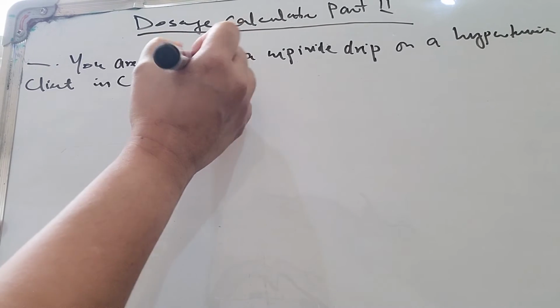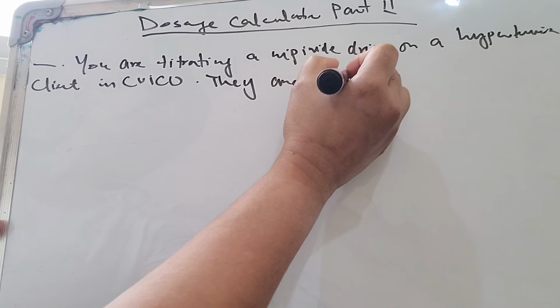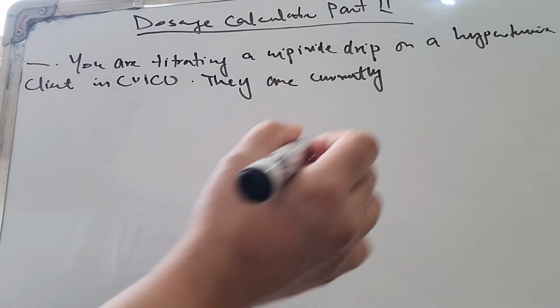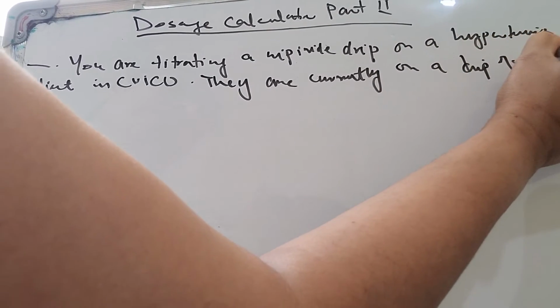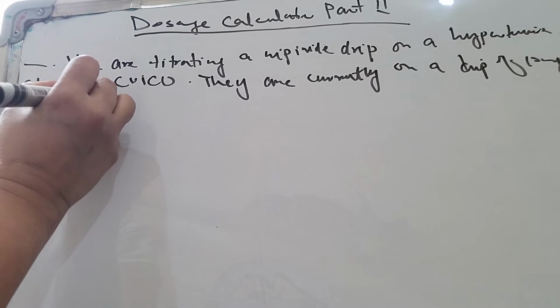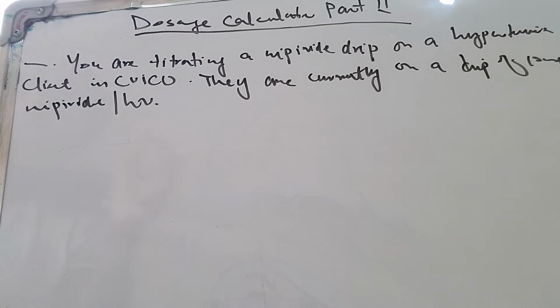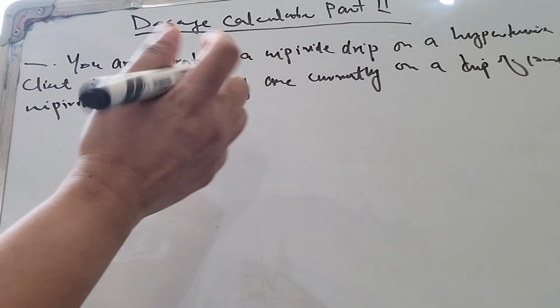They are currently on a drip of 10 milligram nipiride per hour. Currently the patient is taking 10 milligram nipiride per hour, but we want to titrate.